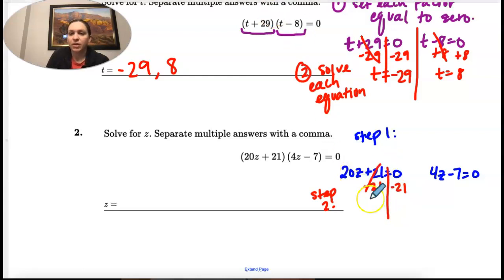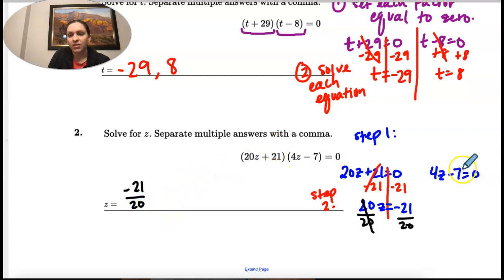And now I'm left with the 20z stays, the equal sign comes down, and then I have 0 minus 21, so negative 21. Then my last step is divide by 20 to get the z by itself. So z equals negative 21 over 20.